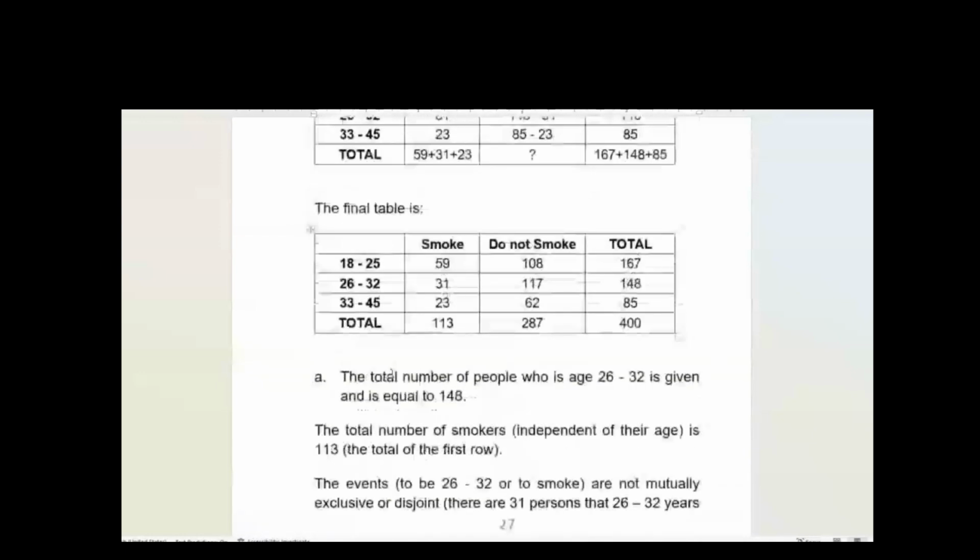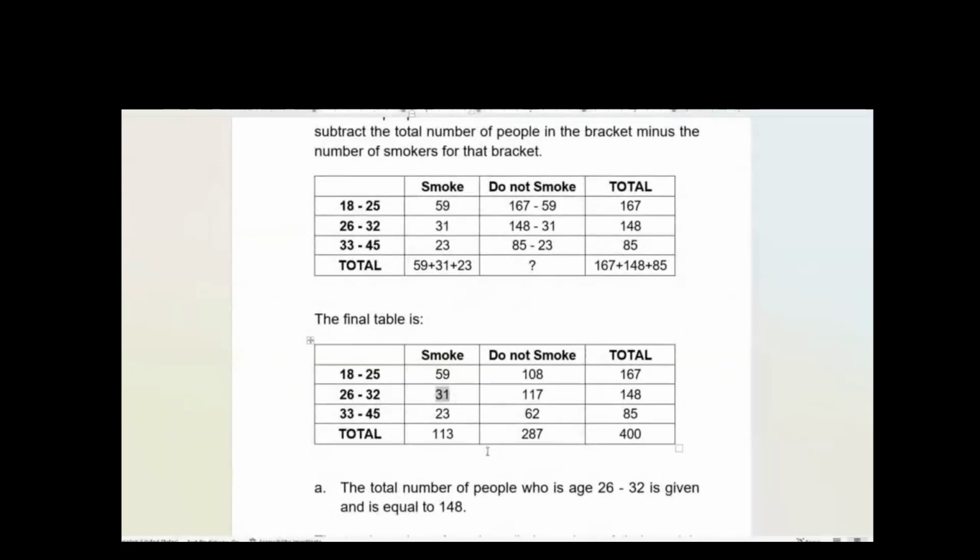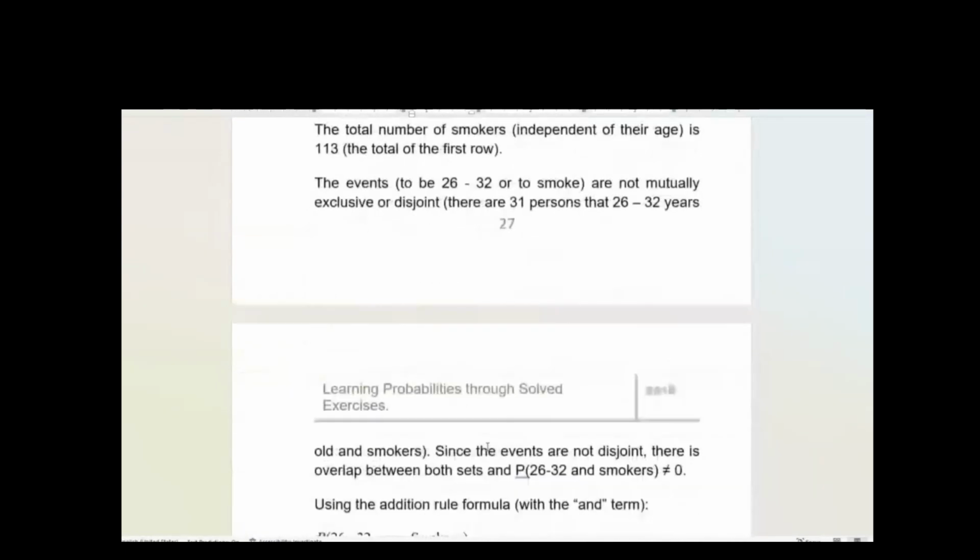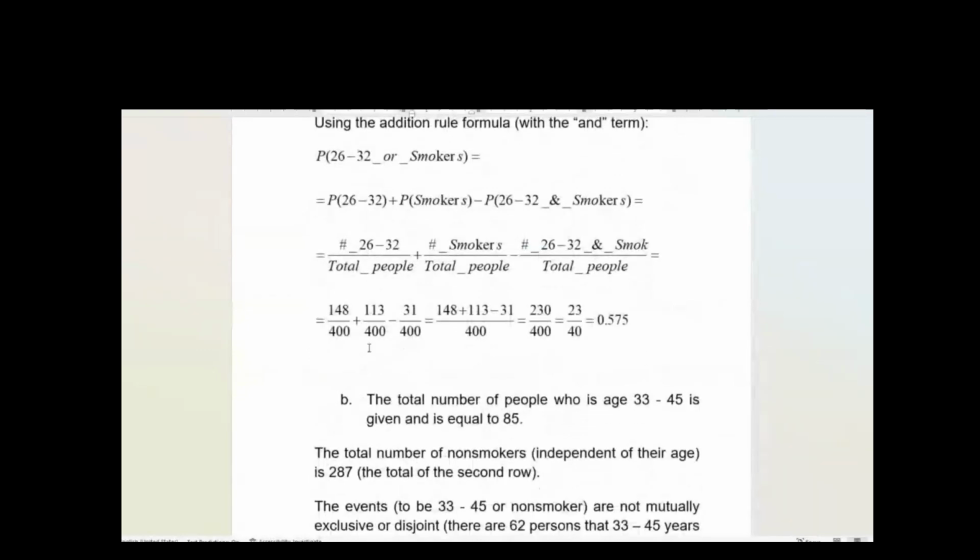And these are the 31 people we have over here. So we say that this is 148 over 400 plus 113 over 400 minus 31 over 400. At the end, you get 0.575. So this is then the probability of people that are in the bracket 26 to 32 or are a smoker.